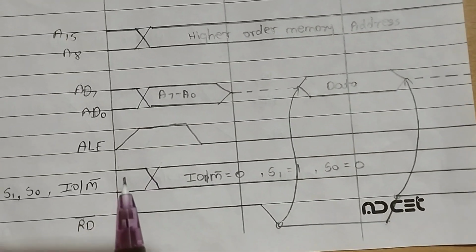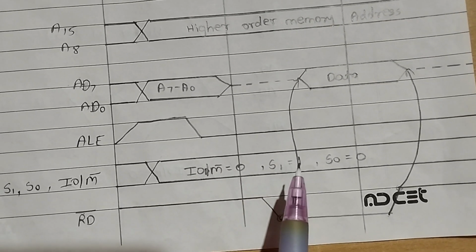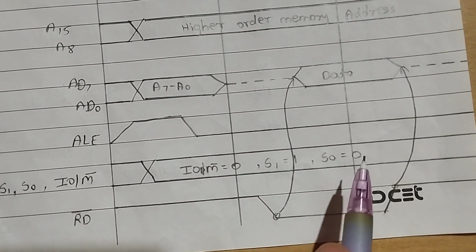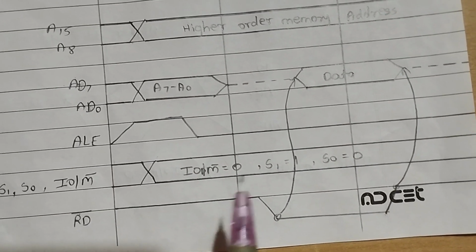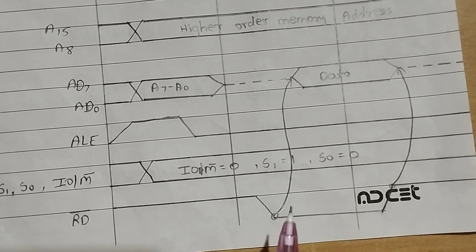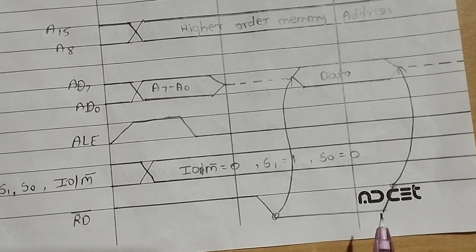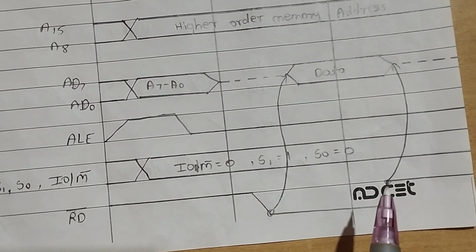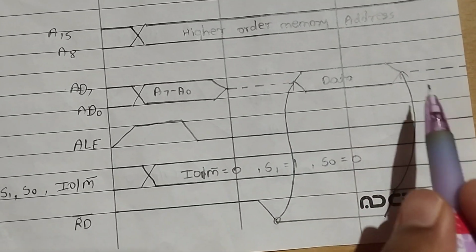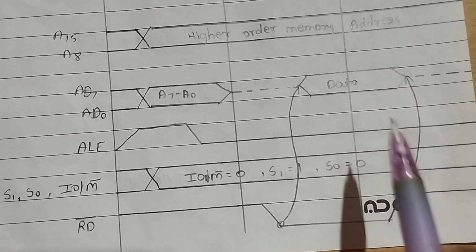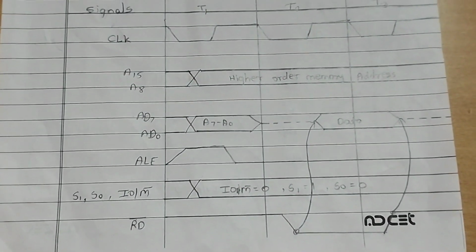For the read machine cycle, IO/M bar is equal to 0, S1 is equal to 1 and S0 is equal to 0. Write bar stays high, and when we read the data, the read bar goes low and again goes high. We mention an arrow also when we read the data. In this way, draw the read machine cycle.